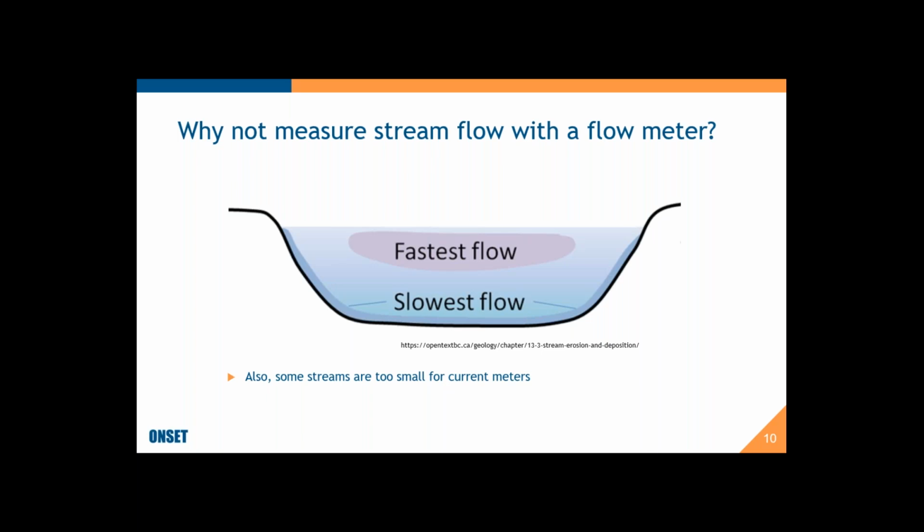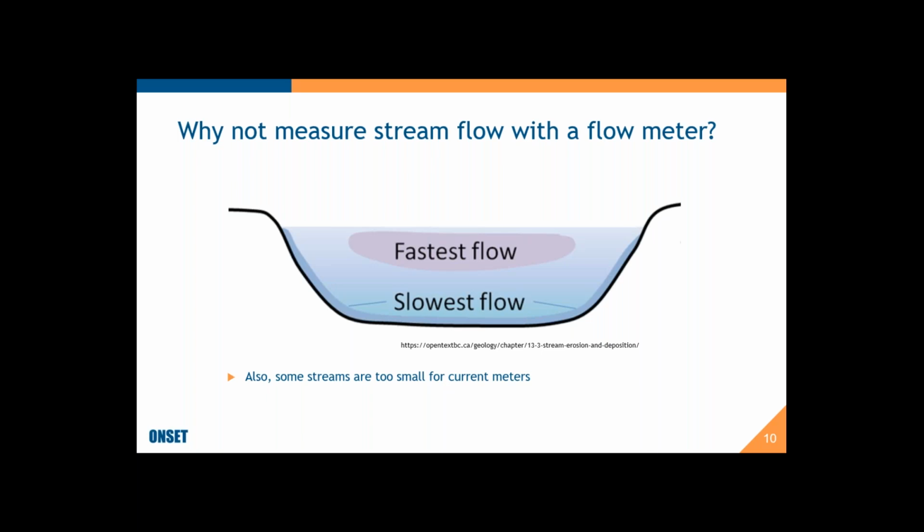So if you're just using a current meter or a flow meter, you're just getting a point measurement of what that flow is. You couldn't have enough flow meters to really monitor all of that. Whereas a weir or a flume will give you a total flow measurement, which takes all that into account, basically telling you your total flow in cubic feet per second.